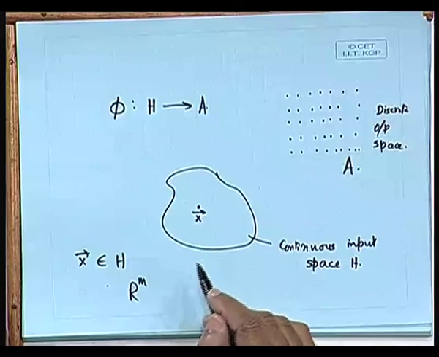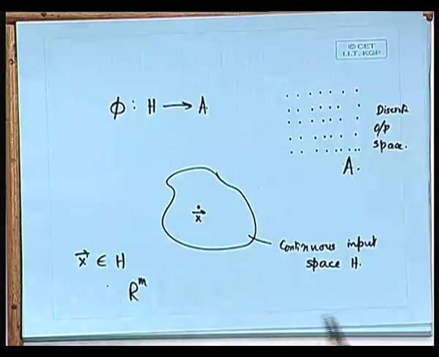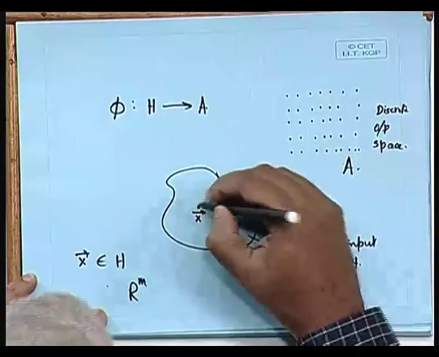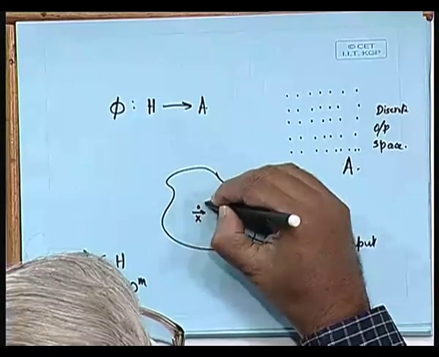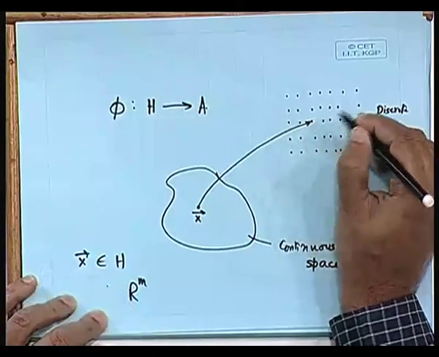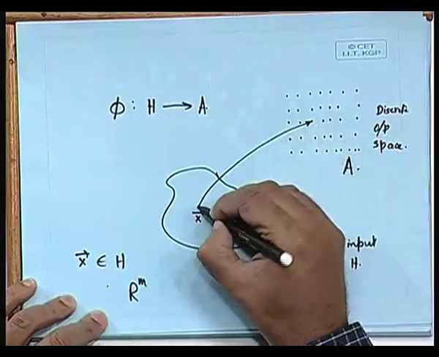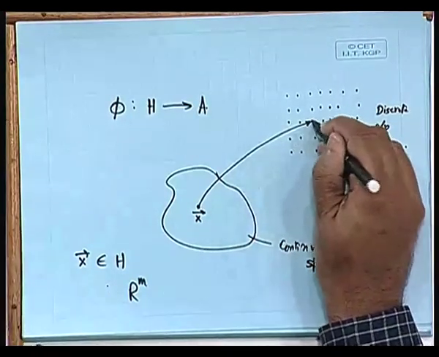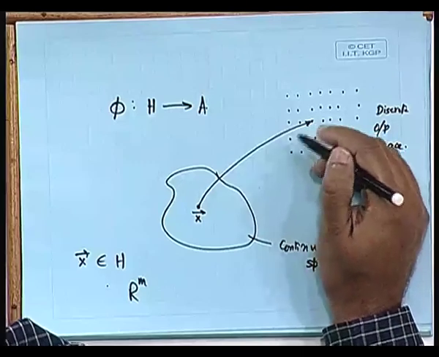All right. So, this is the way we can imagine it, and let us say that this x vector is mapped into some point, let us say here. Supposing after feeding this x vector, this neuron happens to be the winner.